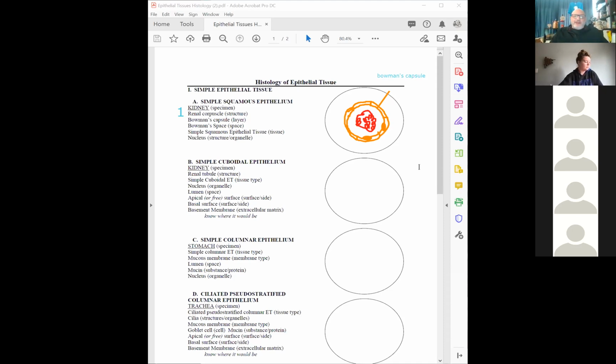So draw it so that it makes sense to you. And by having the labels here, you have the perfect tool to be studying this material and helping you to be successful. And you will be turning this in for a grade. And so you will be scanning these or taking pictures of these after you do this. And it is due February 16th. So 2 days before the exam. So it's a perfect thing to help you to be successful.